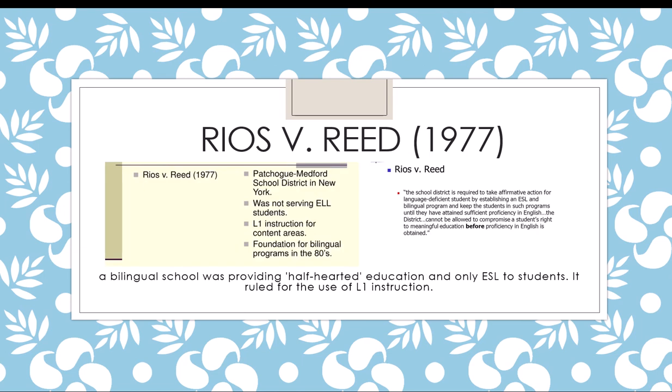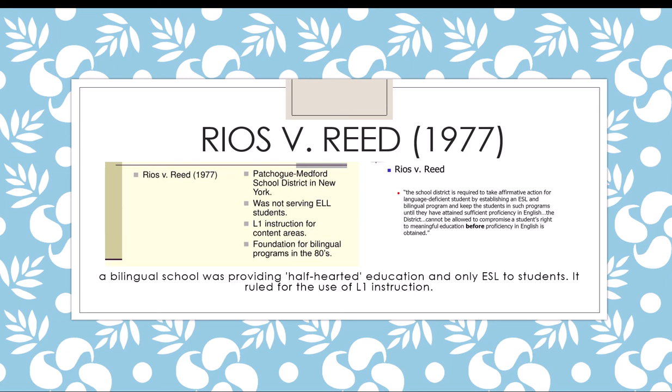Now, Rios versus Reed in 1977. This school district was required to take affirmative action for the language-deficient students by establishing an ESL and bilingual program and keeping the students in the programs until they had attained sufficient proficiency in English.